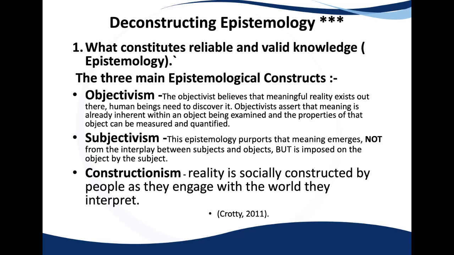Then the second construct is subjectivism, which puts forward the view that meaning emerges not from the interplay between the subject and the object, but is imposed on the object by the subject.